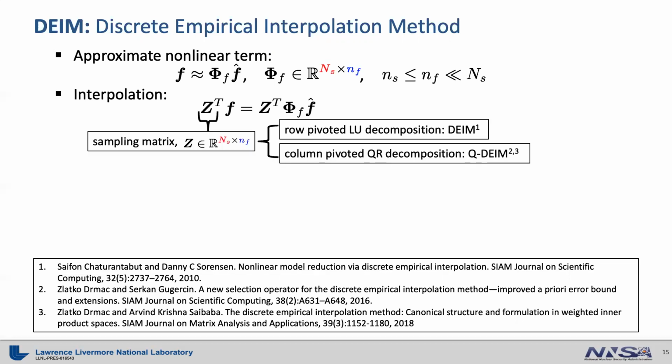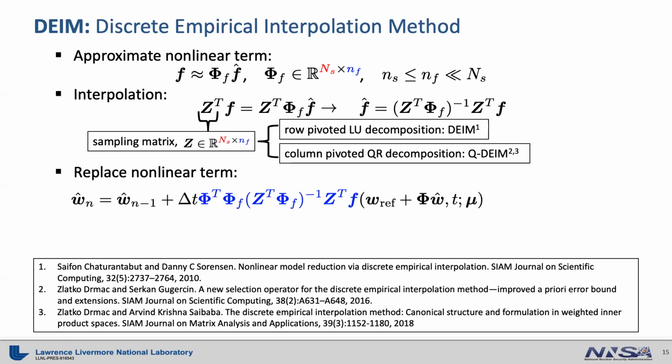Now the sampling indices of the matrix Z can be obtained through various algorithms. DEIM and QDEIM are popular ones. Then the generalized coordinate for the nonlinear term f hat can be obtained by solving the interpolation problem, right? Then you plug this expression into the reduced system of equations wherever the nonlinear term shows up.